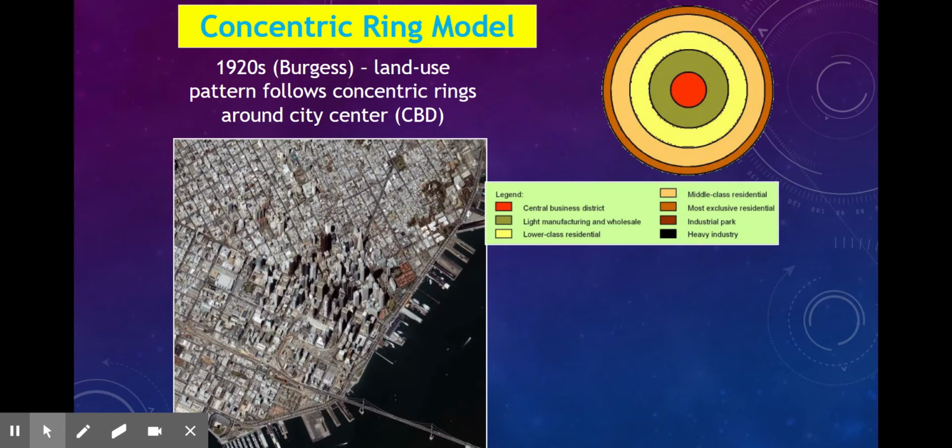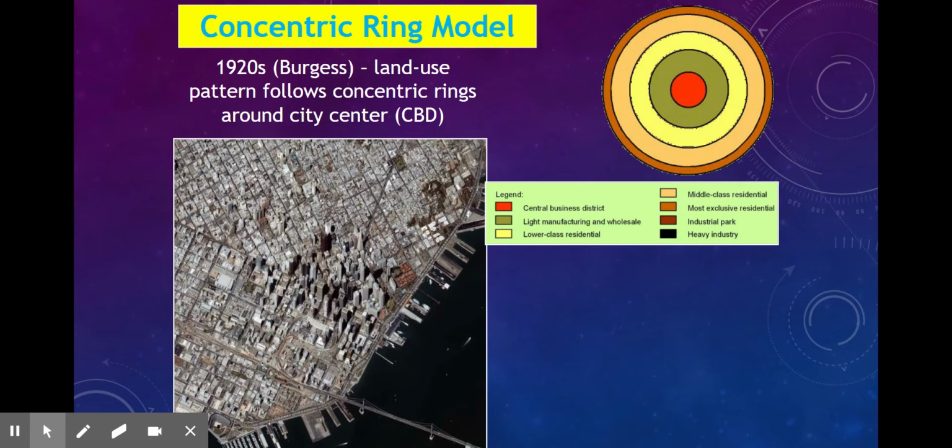Thinking about this time period, you probably have a train station downtown, and a lot of business that is connected to that. And then you have residential areas stretching out from the city. Closest is lower class residential, or lower economic zones.